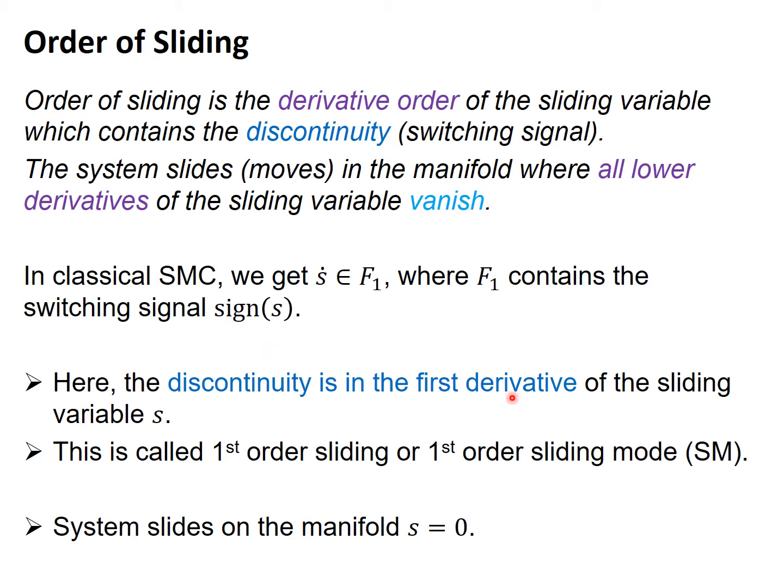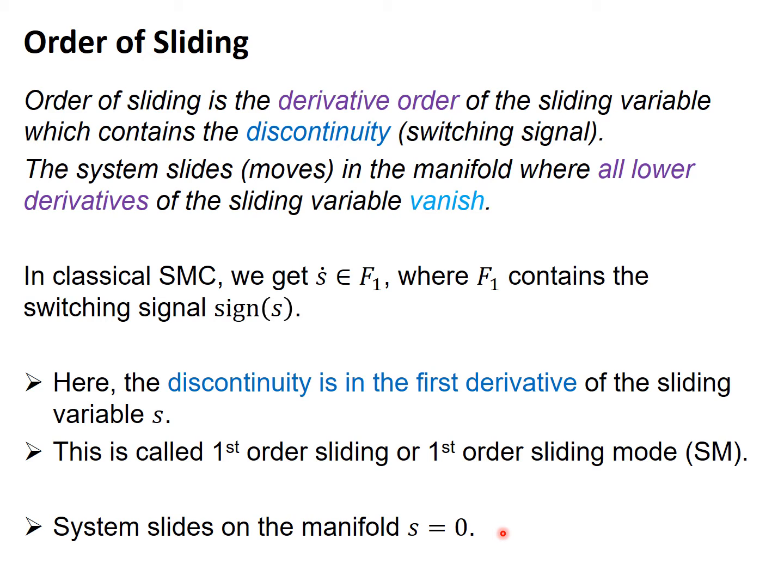So, the discontinuity is in the first derivative. That is why it is called the first order sliding or first order sliding mode. And of course, we know the manifold is defined by S equals 0, the lower order derivative vanishing. What is the lower order derivative?